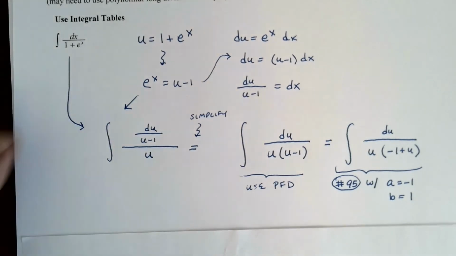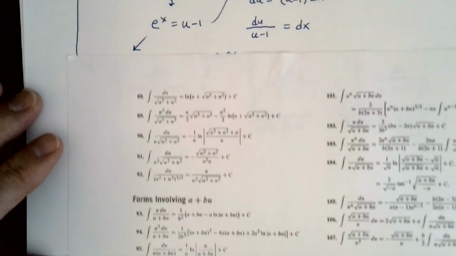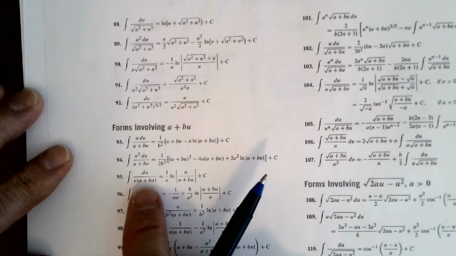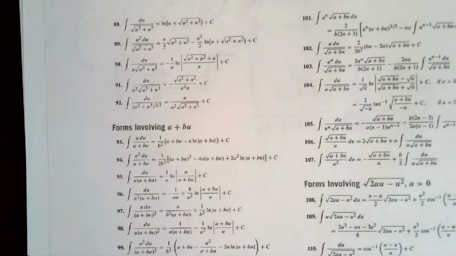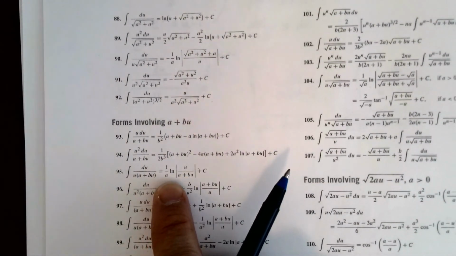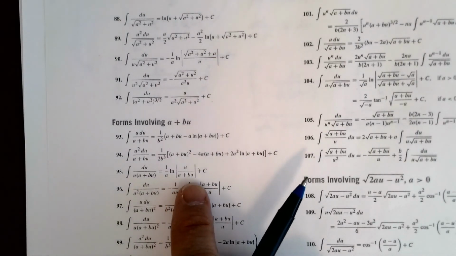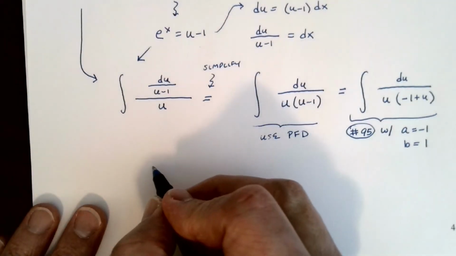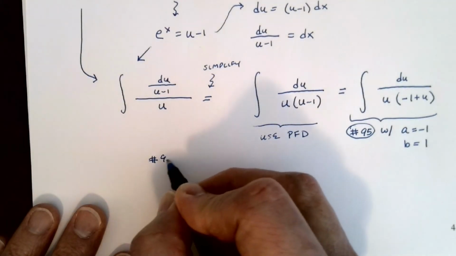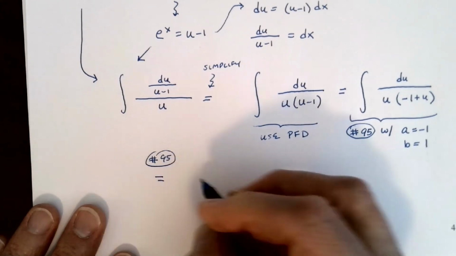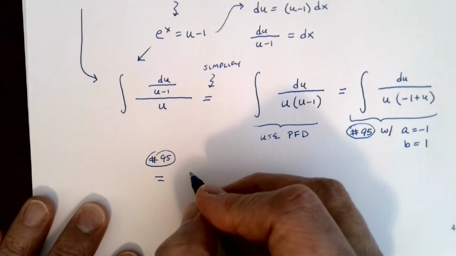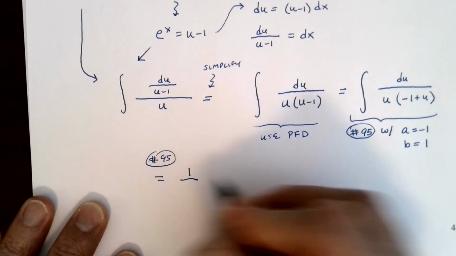So I'm going to make use of number 95. Where did this 95 come from? It came from partial fraction decomposition. So you could use partial fraction decomposition. So it's going to be 1 over a, natural log of the absolute value of u divided by a plus bu, plus c. Again, by number 95, it's 1 over a, and what was a equal to?